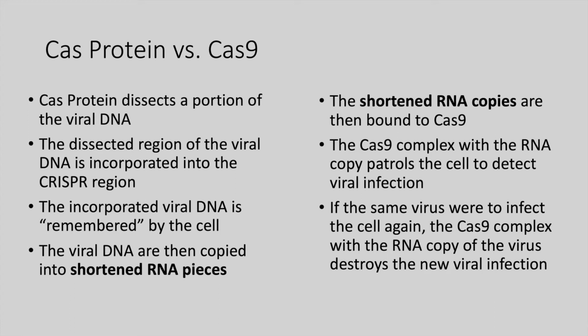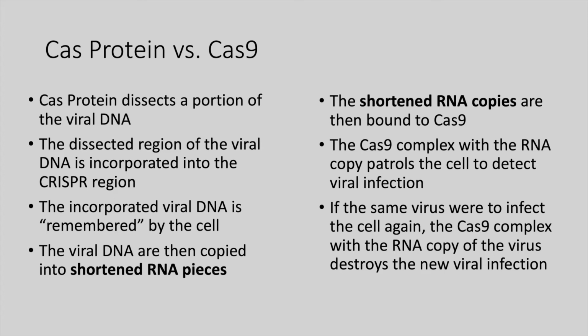And what the Cas9 does is it takes these shortened RNA pieces and binds itself to them. So the Cas protein basically provides the picture of a thief, and then the Cas9 is basically a cop, if you think about it. It picks up the picture, and then it is able to determine who is the thief and who to arrest.